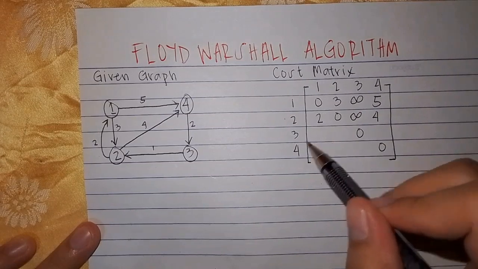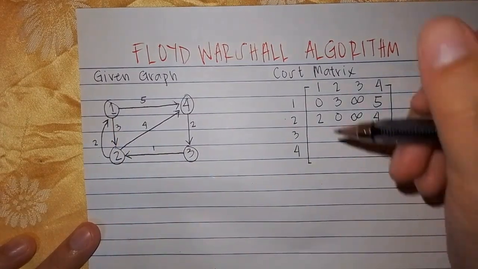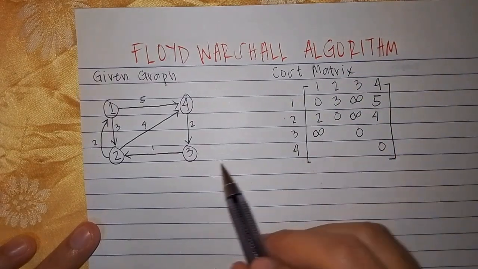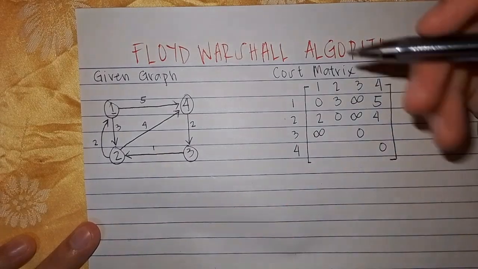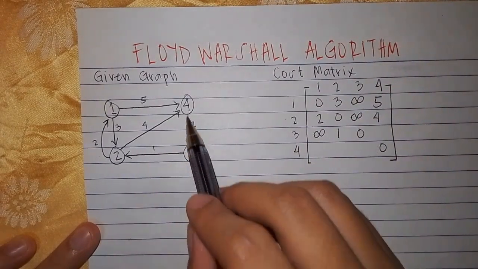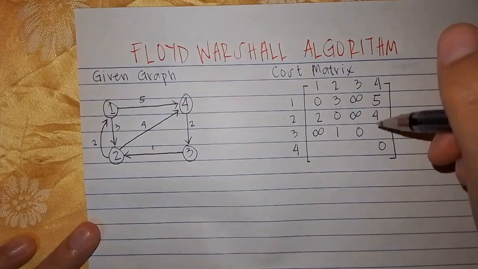Next is 3 to 1. As you can see, there is no directed path, so we will consider this as infinite. And 3 to 2, the distance is 1, so we will put 1. And 3 to 4, there is no directed path, so this is infinite.